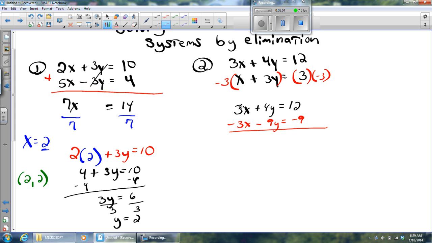Oh, look at that. Those match. I'm ready to add my two equations together. Those will cancel. I'll get a negative 5y and a 3. I'll divide by negative 5, and I'll get that y is equal to negative 3/5.